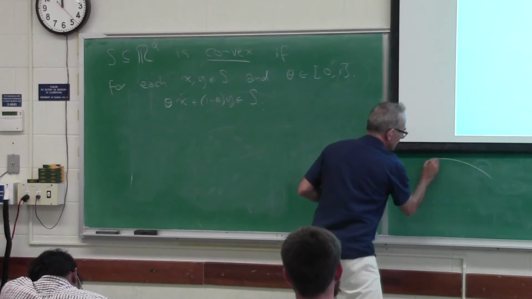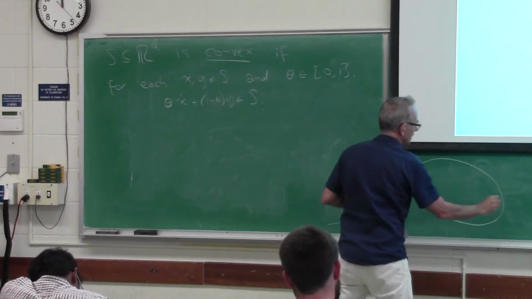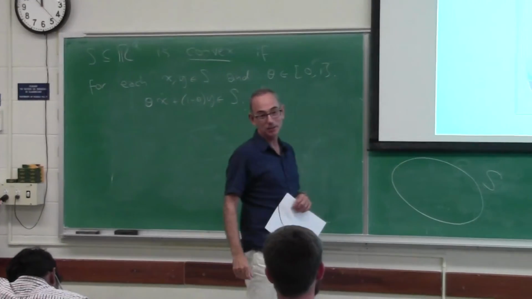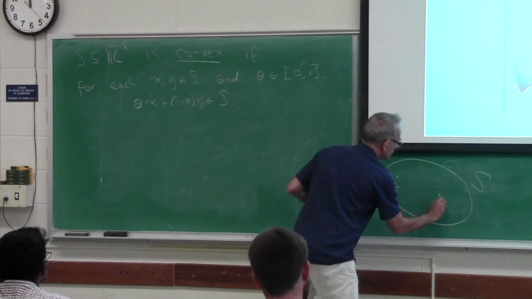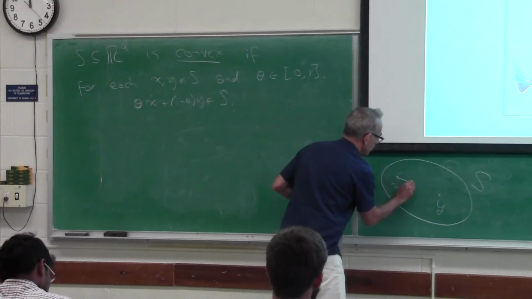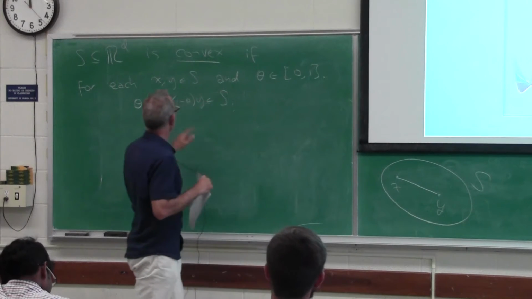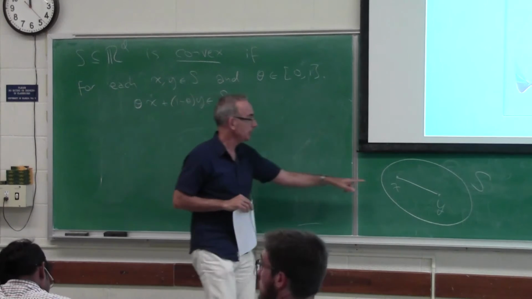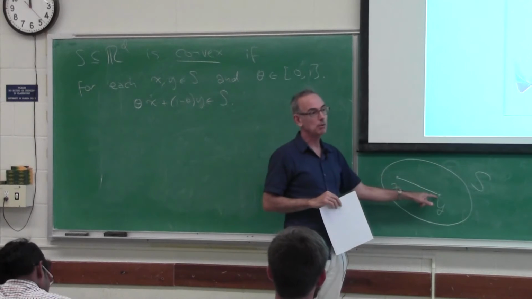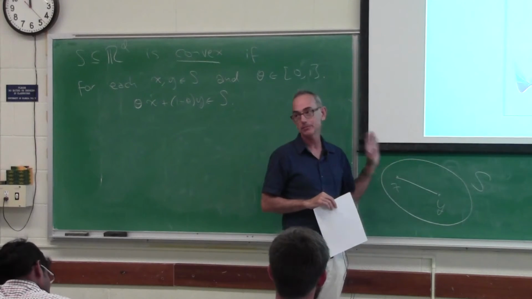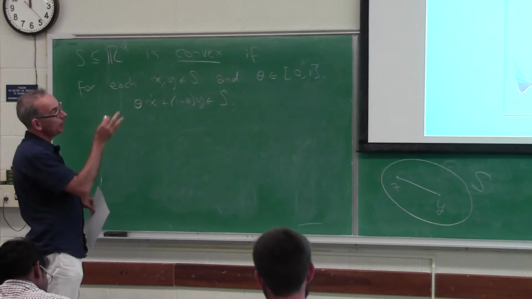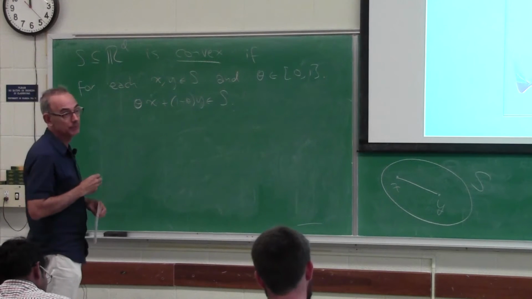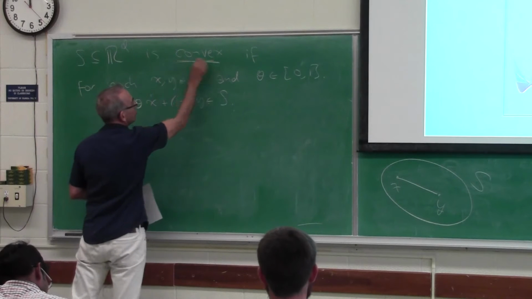It just says that S looks like that, and if you take any point X and any point Y, all I'm doing with the theta is looking at intermediate points. I'm just saying the line segment stays inside of S. So that's a definition, and you need to get to that before you talk about functions. So assume that that's true throughout.